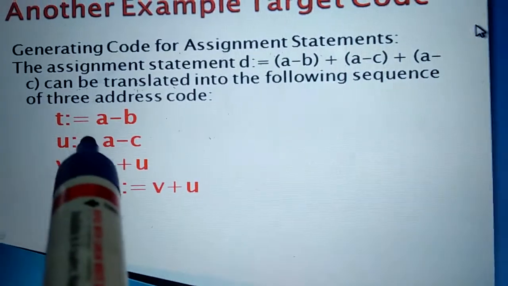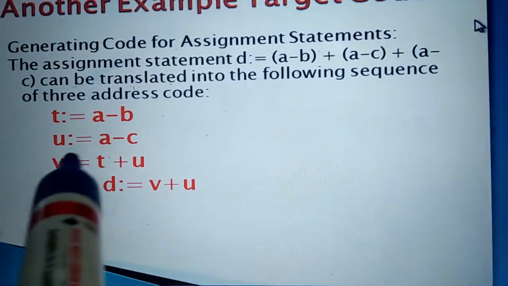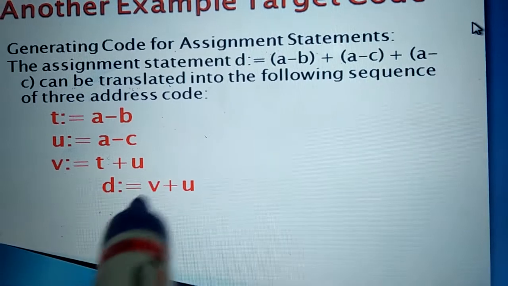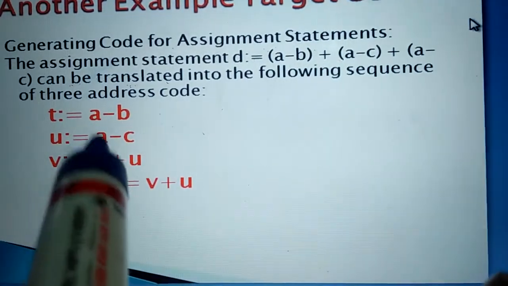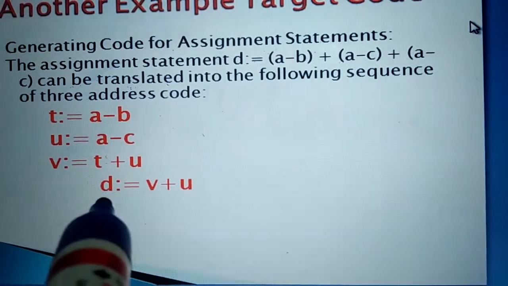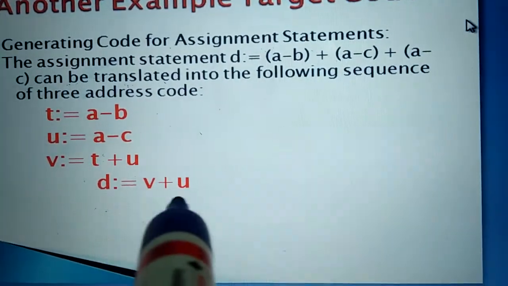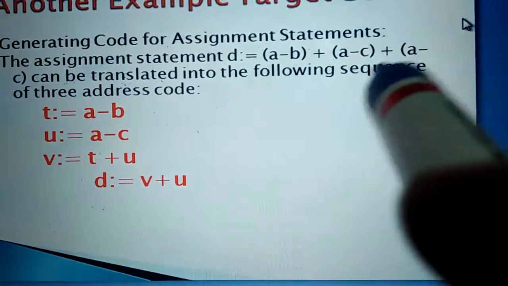So t is equal to a minus b, and u is equal to a minus c, and v is equal to t plus u. That is, both together are being added and stored in v, and further v is being added with u. This is the last one.